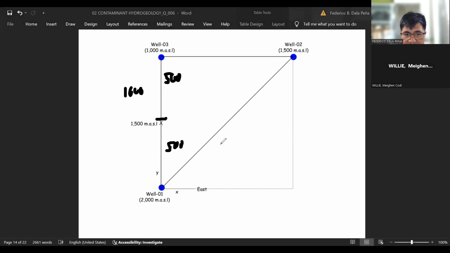This is 500. And this is 500 because 2,000 and 1,500 is 500, and 1,000 and 1,500 is 500. So basically, we only need to subdivide this line. And since we know that this is 500 and this is 500, we also know that the elevation of this midpoint would be somewhere between 2,000 and 1,000, which is 1,500.